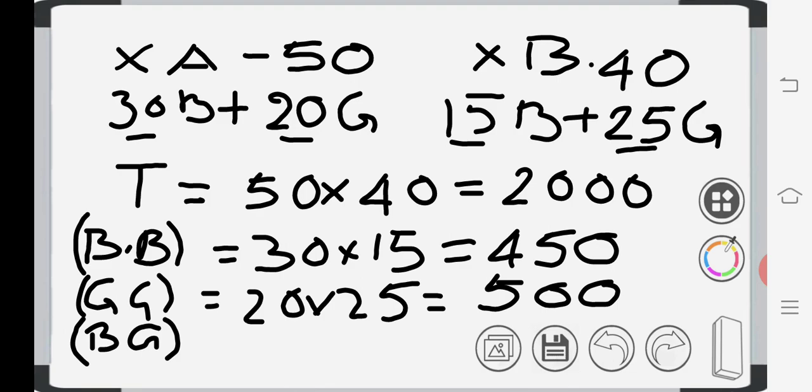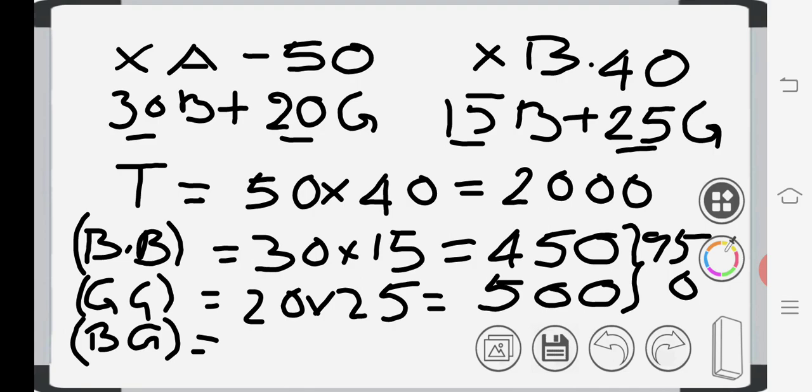Then last, number of pairs of one boy and one girl can be calculated by subtracting the sum of these two pairs, that is 950, from the total pair 2000.